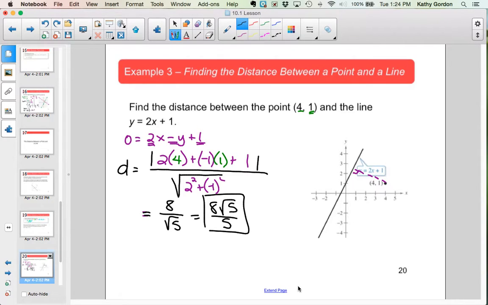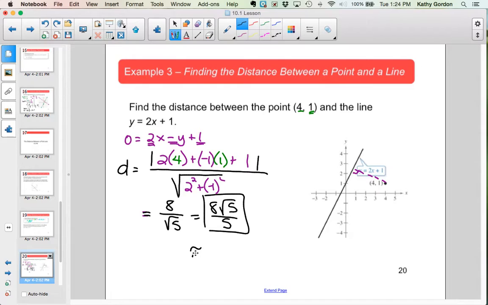If you go to someone and say, hey, I found out Johnny's house is 8 root 5 divided by 5 miles away from the road, they're going to go, what? So in an application kind of setting, you can go ahead and estimate it, make it a decimal.